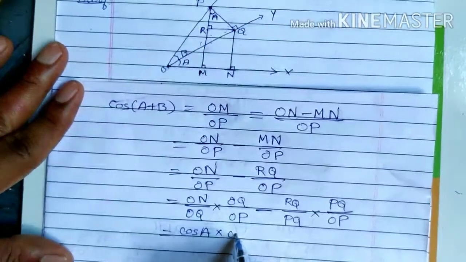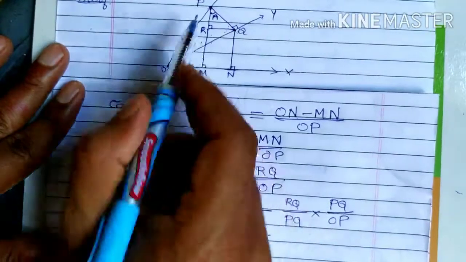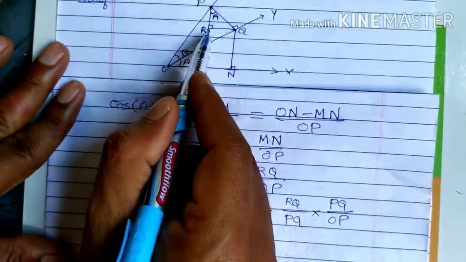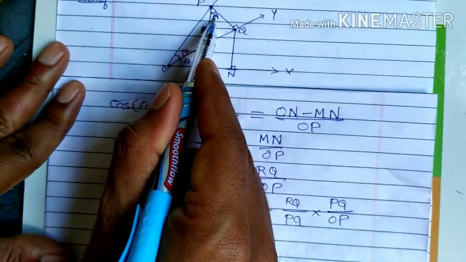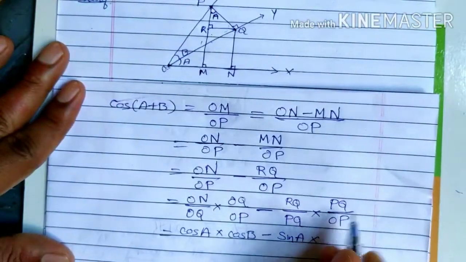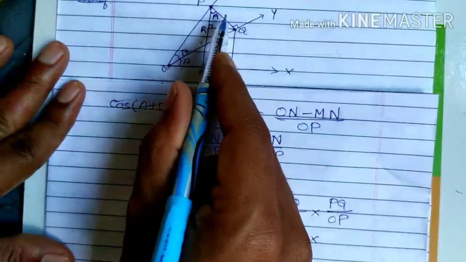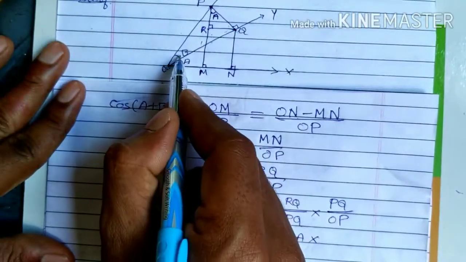So that is cos theta, B, minus RQ by PQ. With respect to this angle, opposite by hypotenuse is sin theta, sin A, into PQ by OP, opposite by hypotenuse with respect to this angle.